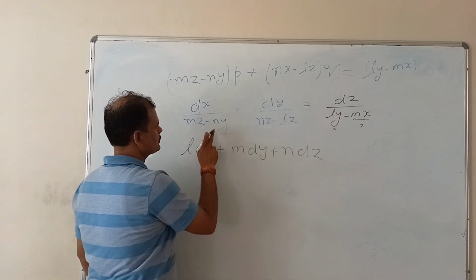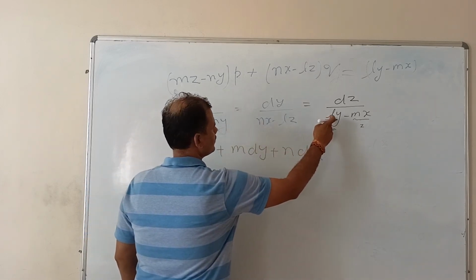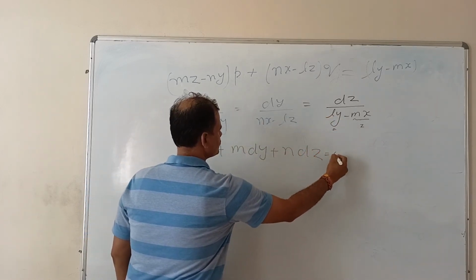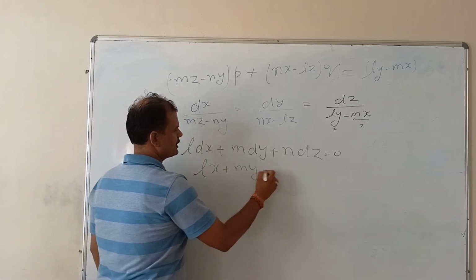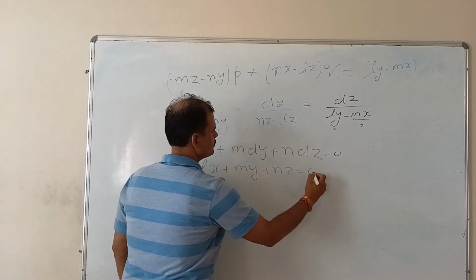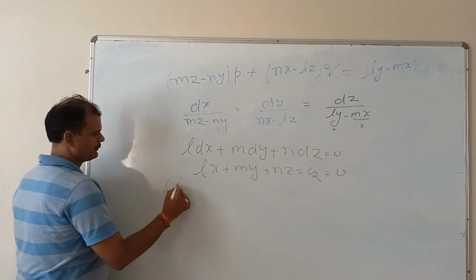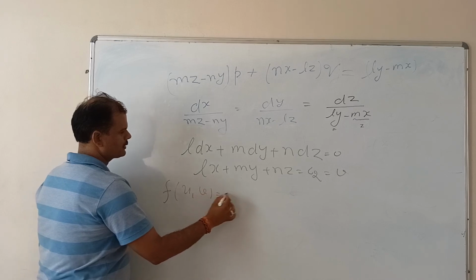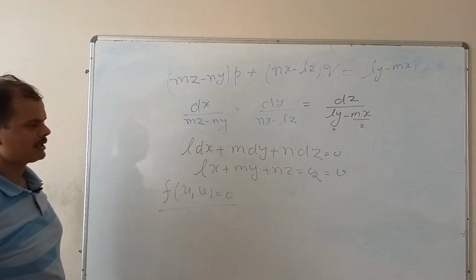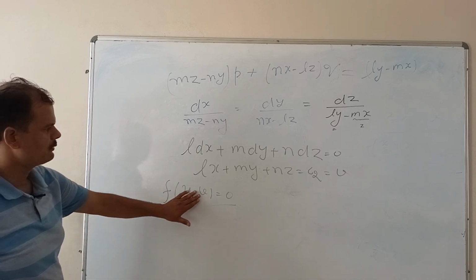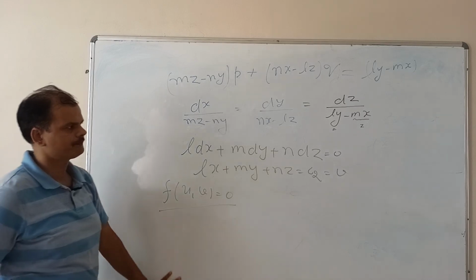Then n y, so n l y here, and this will be 0. So if we integrate, we get l dx plus m dy plus n dz equal to C2, that is v. So your solution will be f of u, v equal to 0, where u equal to x square plus y square plus z square, and v equal to lx plus my plus nz.